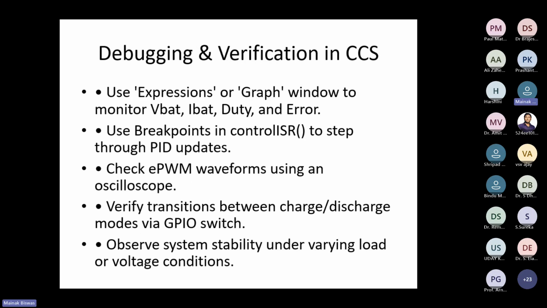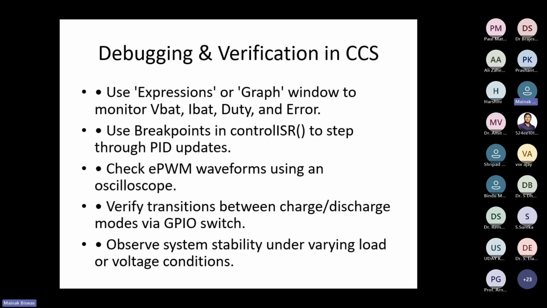So how do we debug and verify in Code Composer Studio for the C2000 microcontroller? We'll use the graphs window to monitor VBAT for voltage, IBAT for current, and the duty ratio and errors. We'll use breakpoints in the control loop to step through the PID updates, and we'll check the EPWM waveforms using an oscilloscope.